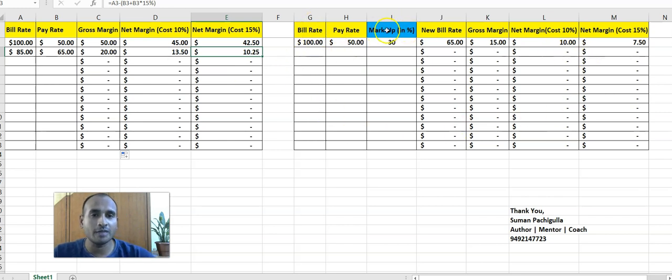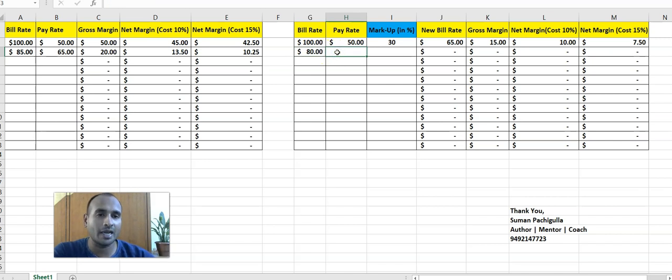Okay, now here is another table for you. Here this is without markup, it is direct. You get a bill rate, you pay whatever the money is, that will be your profit. Now if you are working on a markup basis, how is it going to work? Let's say you got a position with $80 bill rate.